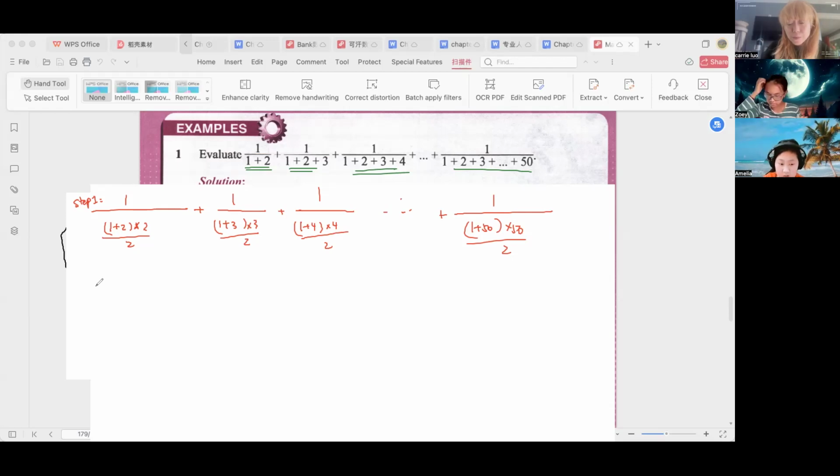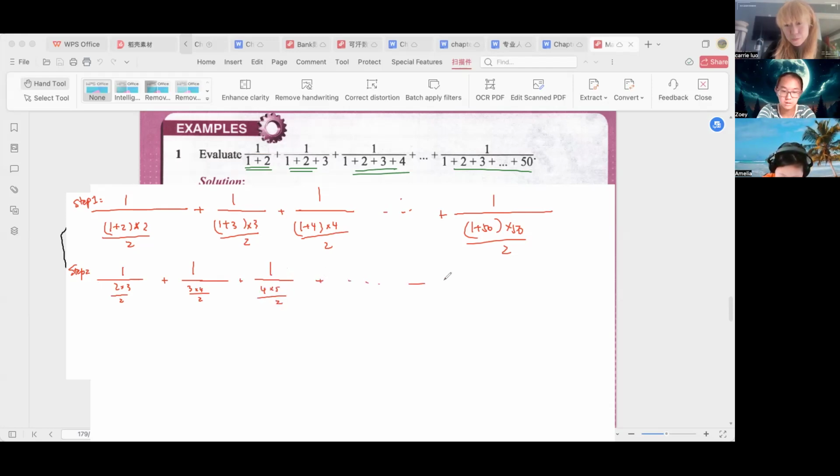Okay, so now let's take a look at step 2. So what did we do? I'm not going to calculate it, but I'm going to split this one. So 1 plus 2 equals what? 3, right? So can I rewrite it as 1 over (2 times 3 over 2)? This one is 1 over (3 times 4 over 2). This one is 1 over (4 times 5 over 2).